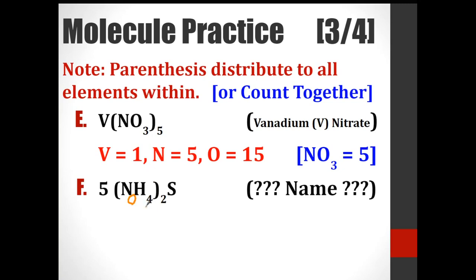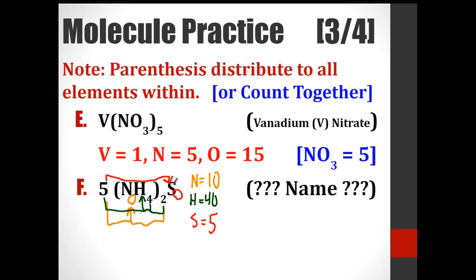This 4 does not reach that N. It is affected by the 2, and it is affected by the 5, which means for the N, we have 10. For these H's, you have got the 4, the 2, and the 5. 5 times 4 is 20, times 2, 40. There is 5 S's. It's not in parentheses. The only thing that affects it is the big 5.